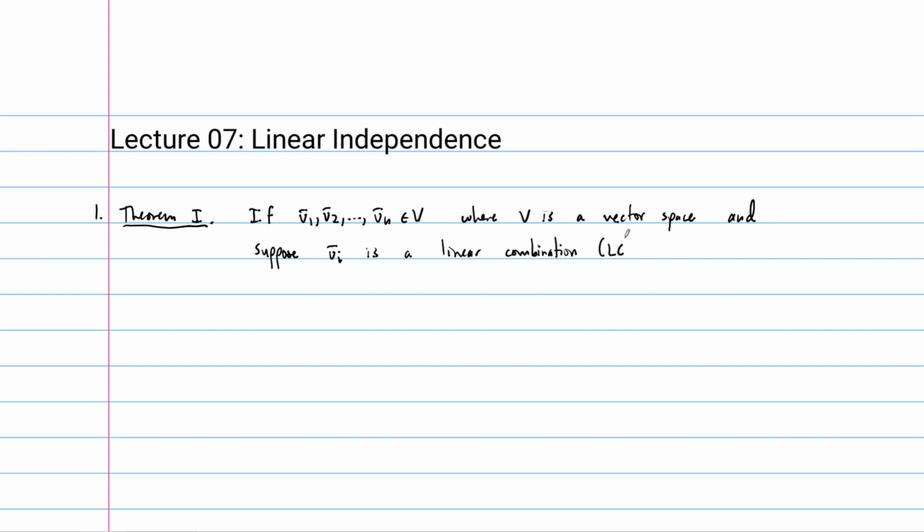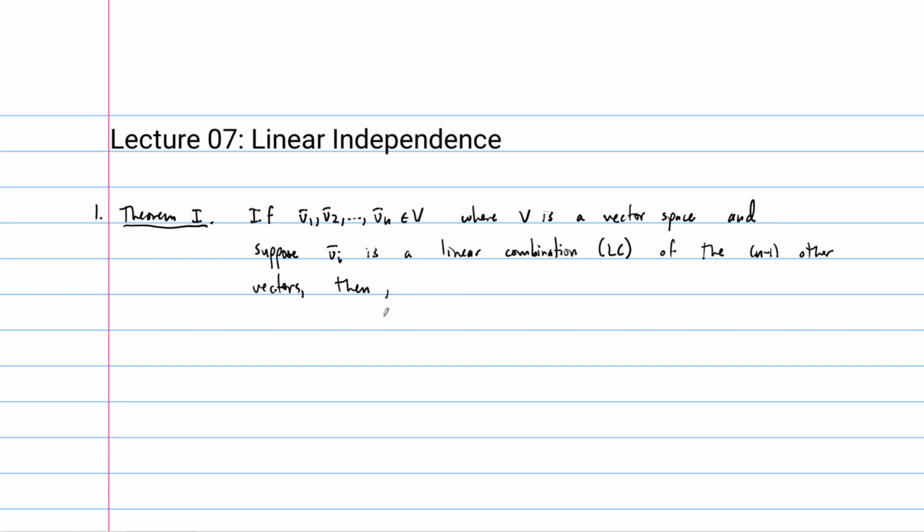Linear combination, we'll call this LC for the rest of the lecture, but if it's a linear combination of the n minus 1 other vectors, then the result here is that the other n minus 1 vectors span the same space as the first n.